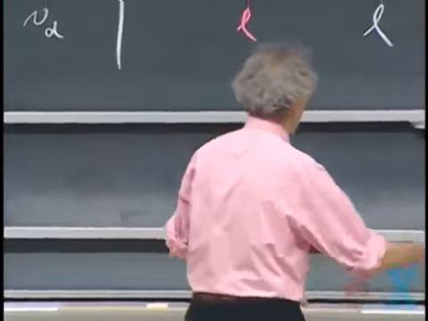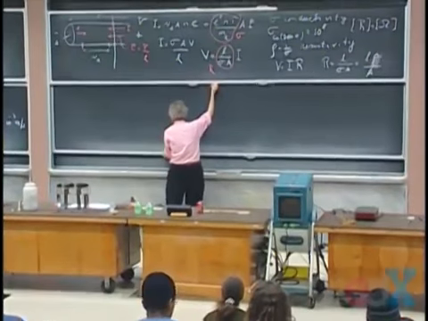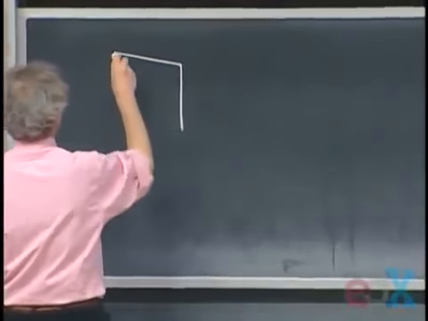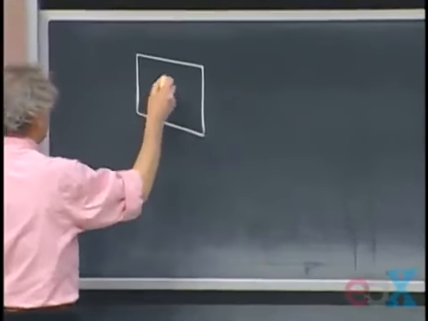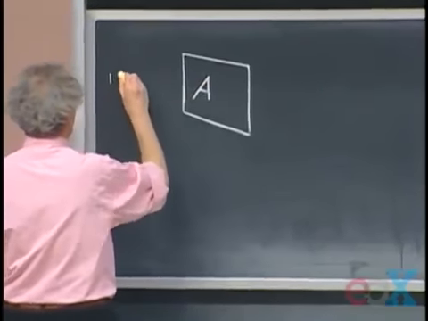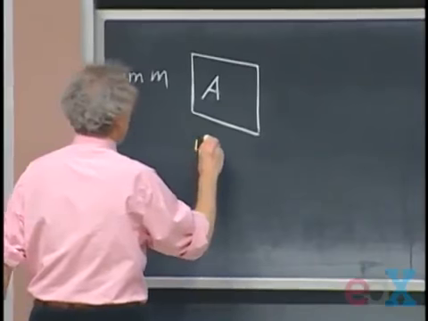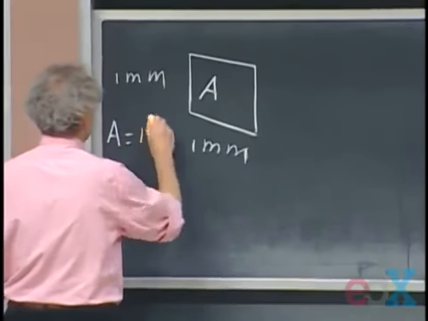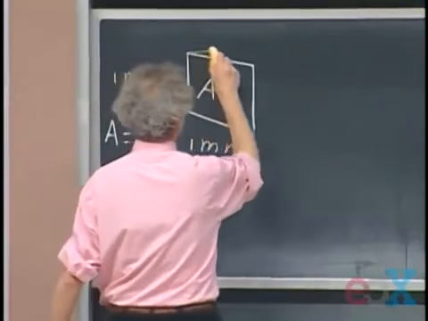So I'll start off with a chunk of material with cross-sectional area A. Let's take it 1 millimeter by 1 millimeter. So A is 10 to the minus 6 square meters.